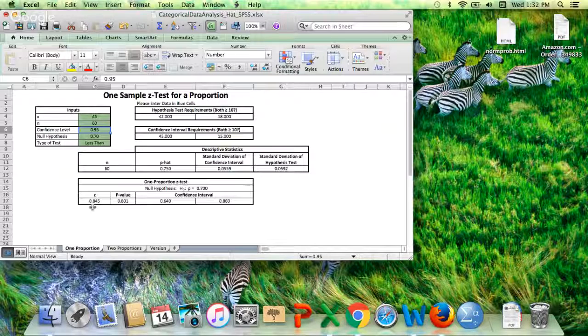Divided by 60 is 0.0035. Then square root that. Now times it by 0.845. Okay, 0.04999. Rounded, it would be 0.05.